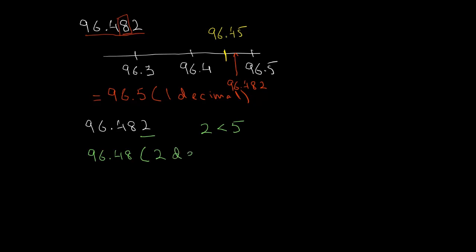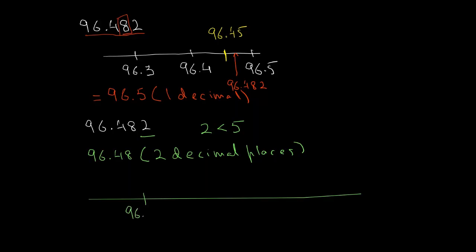Let's just make sure we understand 2 decimal places. Why is that? Let's see. I'm going to skip count by hundredths. This is 96.48. This is going to be 96.49. Smack in the middle, we have 96.485.